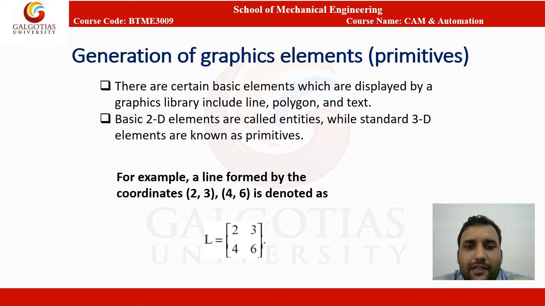For example, if there is a line having coordinates (2, 3) and (4, 6), it can be denoted as 2, 3, 4, 6 in this form.